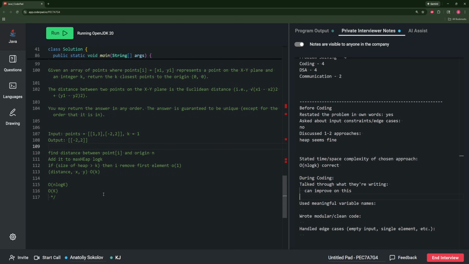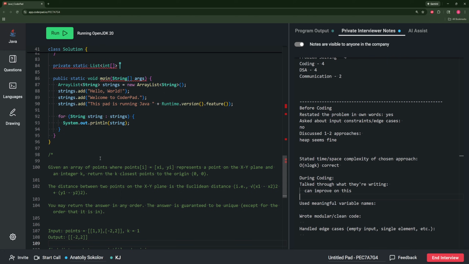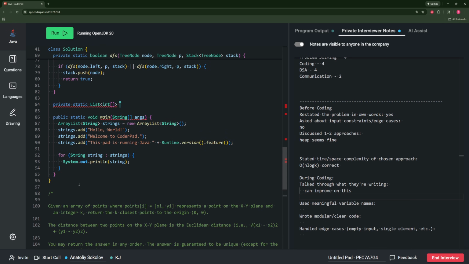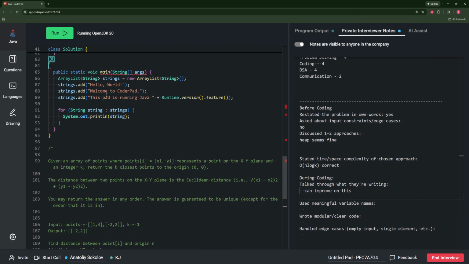And you can just make a function below the problem. Don't code up there. Just make a function below, and you don't need to make it static or whatever.